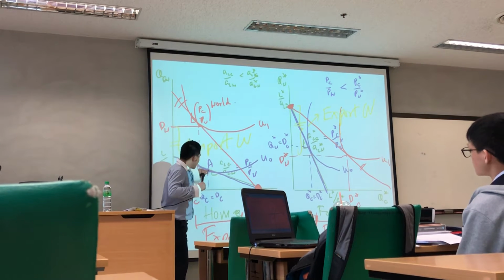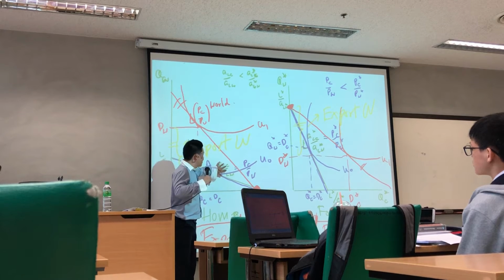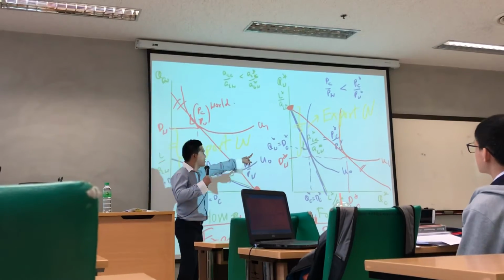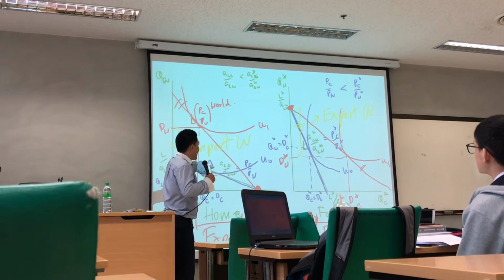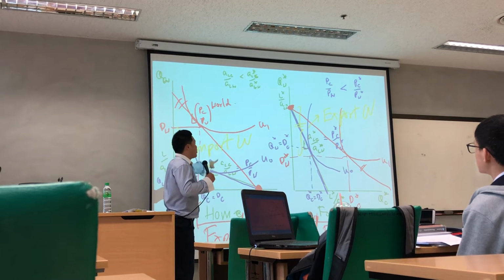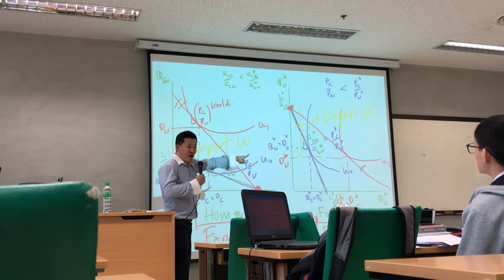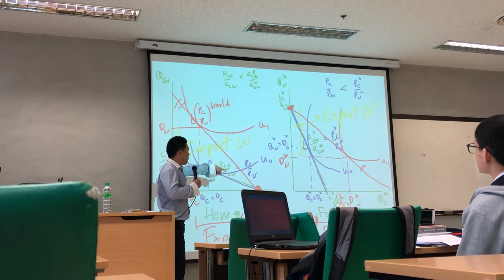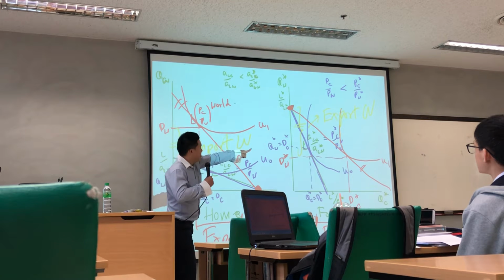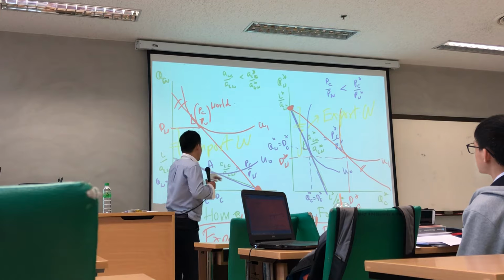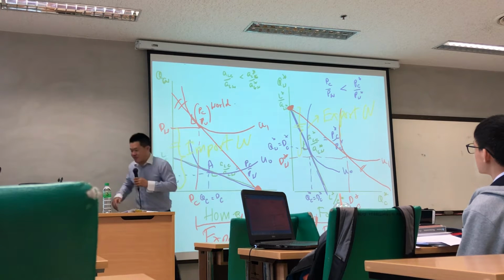And foreign has comparative advantage in wine production. In a closed economy, opportunity cost must be equal to relative price for both countries. So home can produce cheese cheaper than wine relative to foreign. That's why PC over PW is less than PC star over PW star for foreign.